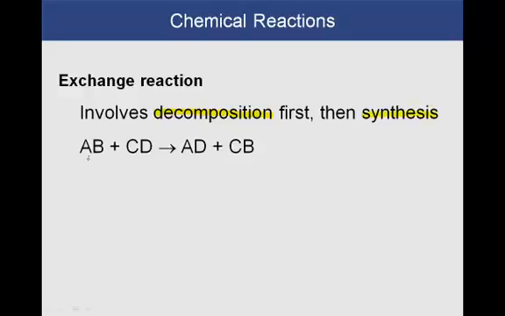First, we have to take apart A and B, and we have to take apart C and D. The A portion is going to bind with the D portion to produce AD, and the C portion is going to bond with the B portion to produce CB.